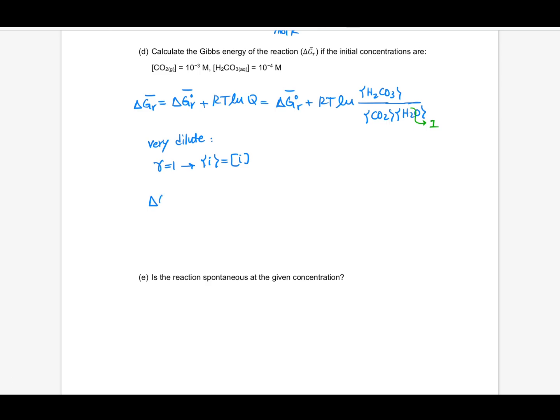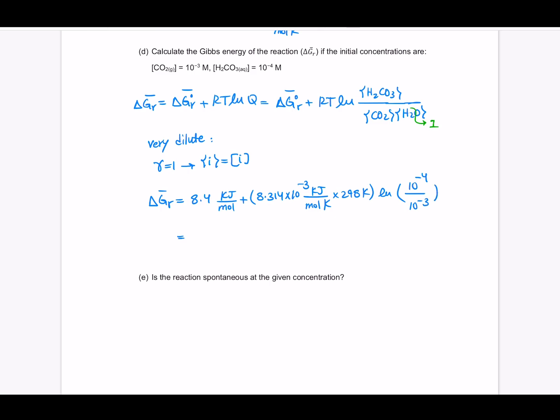So the rest would be then delta G of reaction, plug in numbers: delta G of reaction at the standard condition, 8.4 kilojoule per mole, plus RT, 8.314 times 10 to the minus 3 kilojoule per mole per Kelvin, times 298 Kelvin, then times ln of 10 to the minus 4, the concentration of carbonic acid, to the concentration of carbon dioxide.